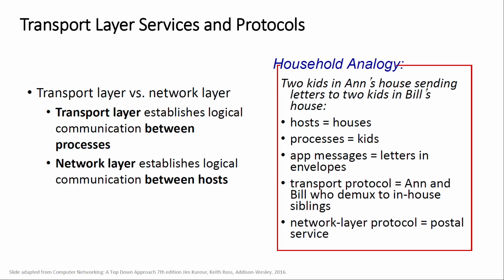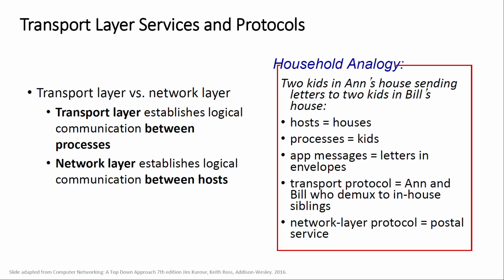The example is given like this: two kids in Anne's house sending letters to two kids in Bill's house. In this case, the hosts are houses, so at the network level we have houses. Processes are kids, so they are at the application layer, and the transport layer will be communicating with them.